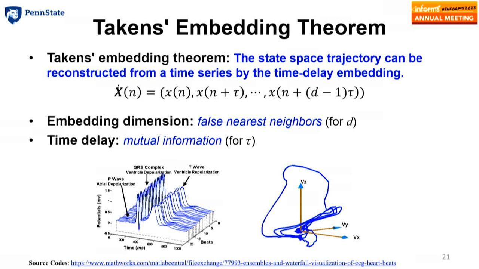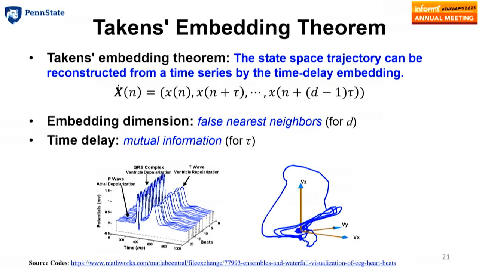So from x_{n+0tau} to x_{n+(d-1)tau}, in total we have d dimensions. The embedding dimension is optimally determined by a method called false nearest neighbors, and the time delay is determined by mutual information.